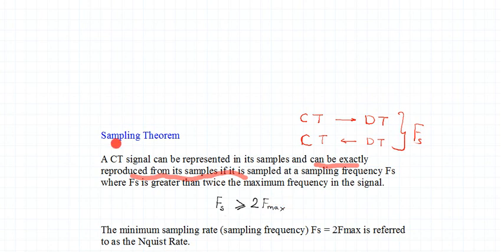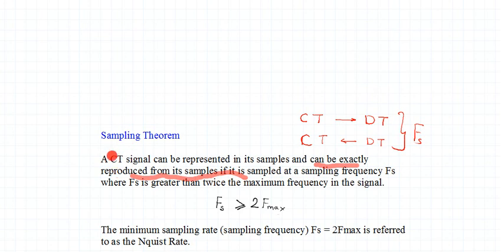And we understood what happens if we do not obey the sampling theorem. It results in a spectral overlap, and this spectral overlap damages and modifies the contents, and that's why we get a completely different spectrum. When we apply the inverse Fourier transform on this, we will not get our original CT signal, but something different.